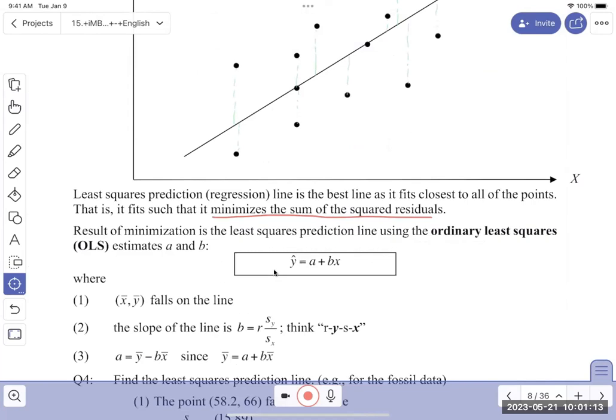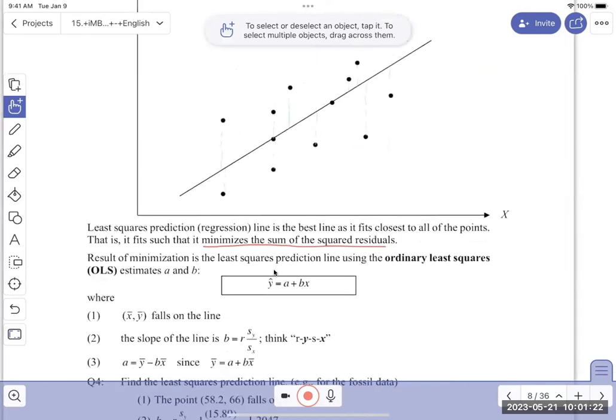So there are three conclusions that we take from the calculus of this problem.